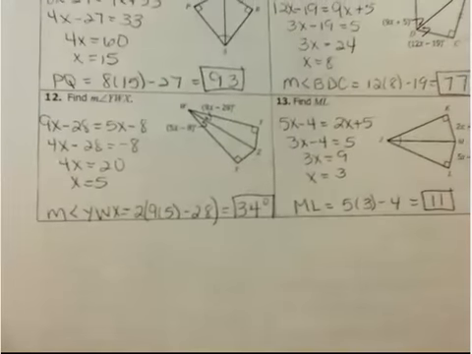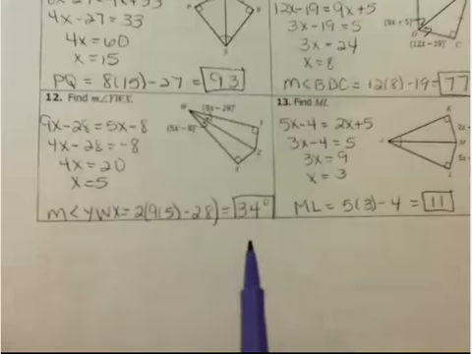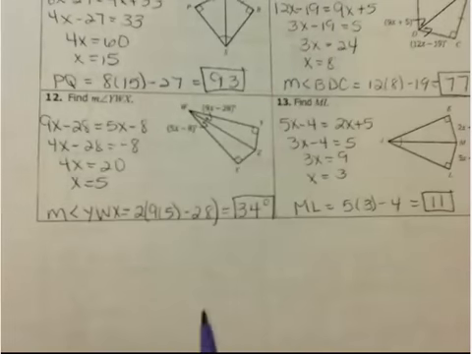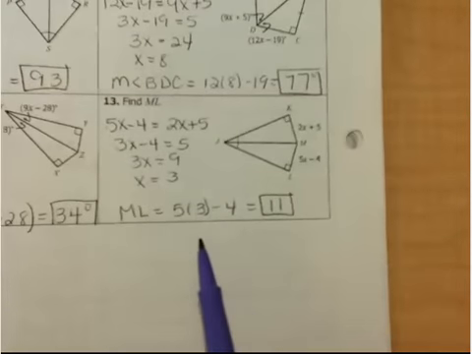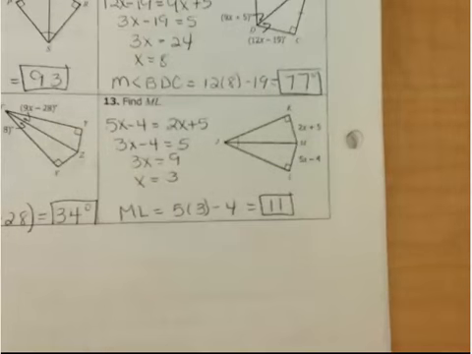Number 12, x is 5, and then the degrees that we're looking for would be 34. And then for 13, we have x is equal to 3, and the side length, ML, is 11. So that is the homework correction.